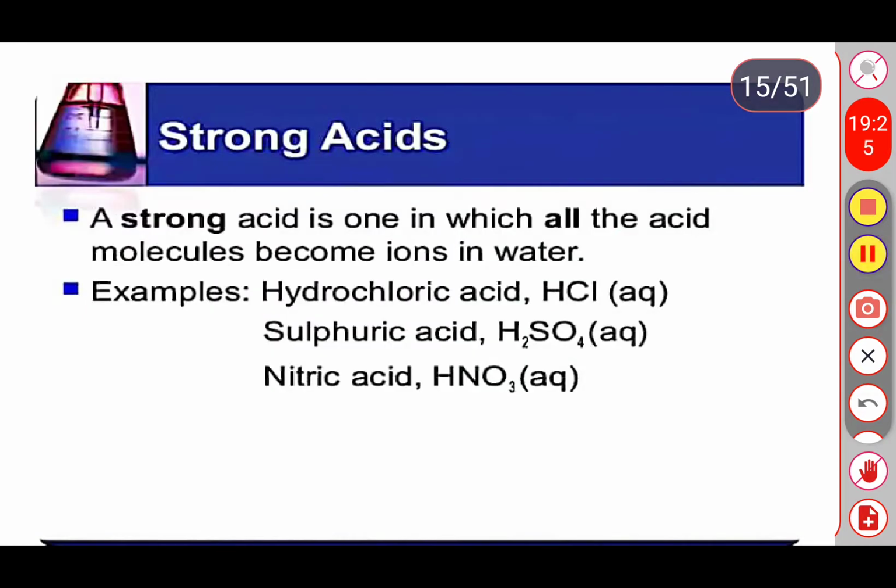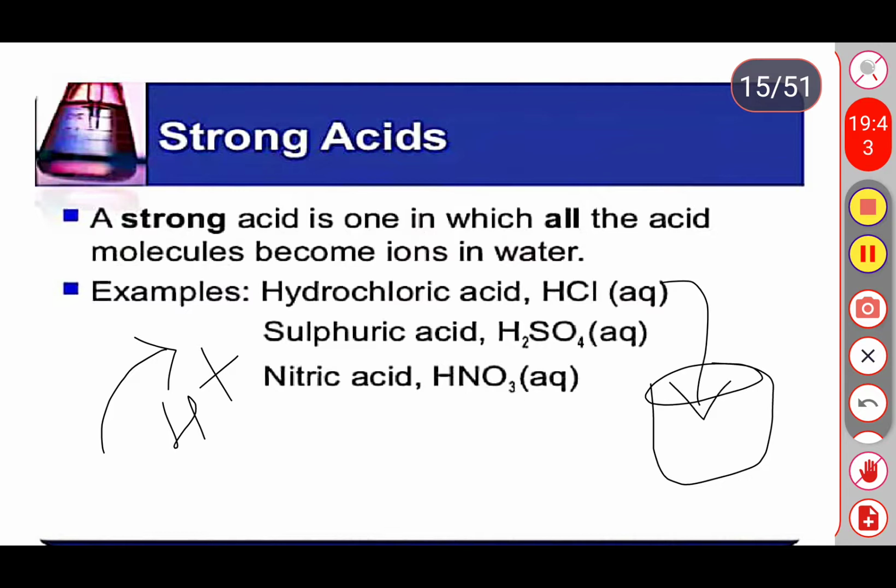When we dissolve an acidic substance in water, if it dissolves completely, it releases the maximum amount of hydrogen ions. For example, if I dissolve HCl in water and it completely dissolves, obviously it releases the maximum amount of hydrogen ions. Then that type of solution is considered a strong acid.